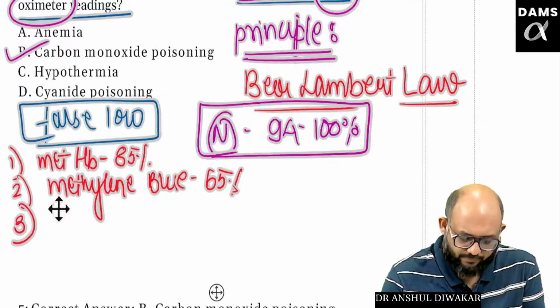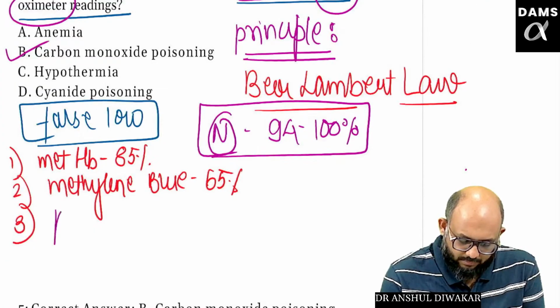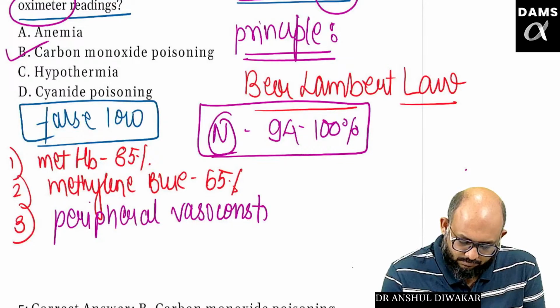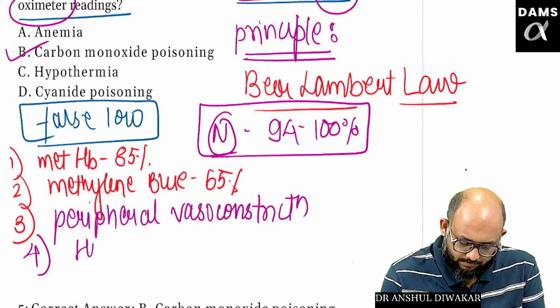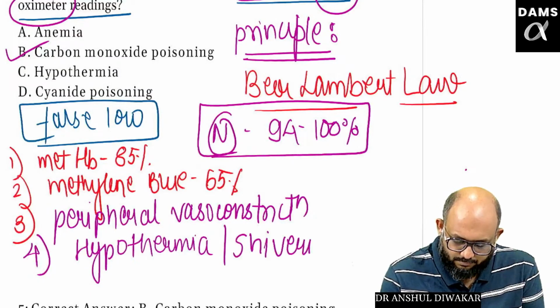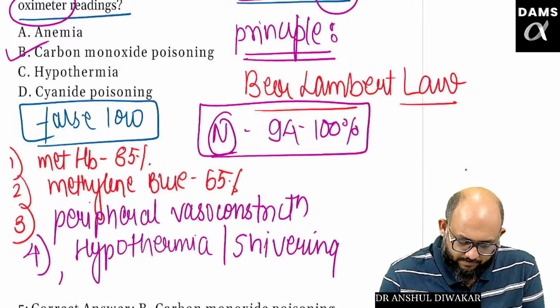Then you have peripheral vasoconstriction, as in shock. You have hypothermia, shivering, and you have nail paints.